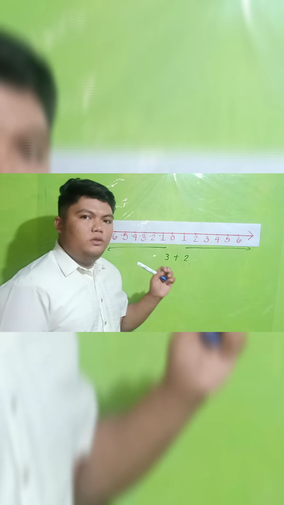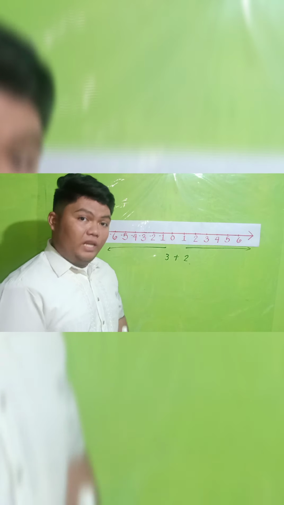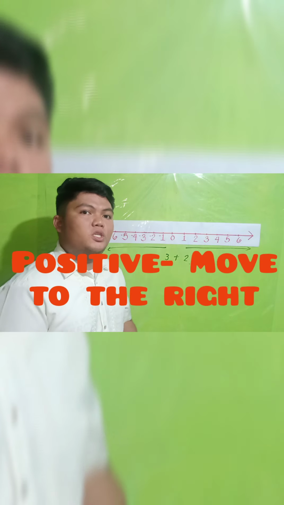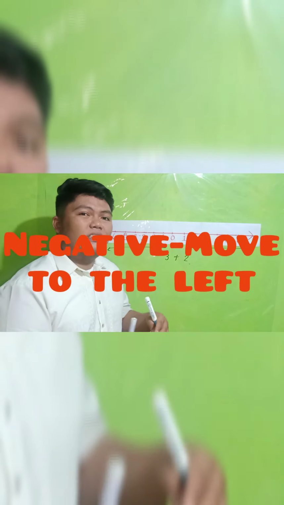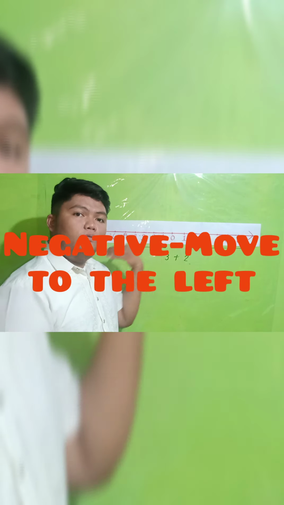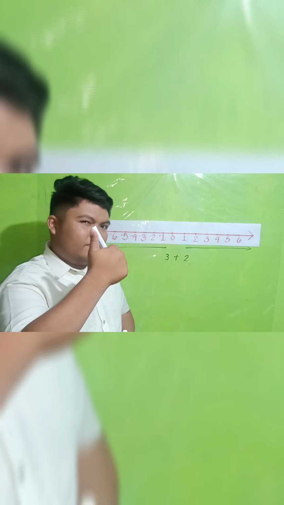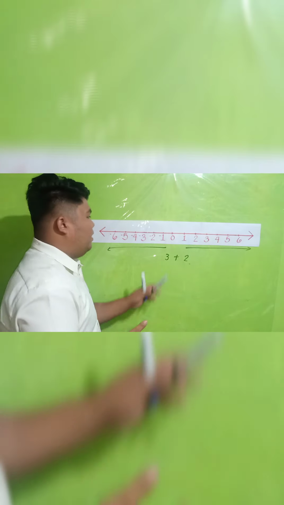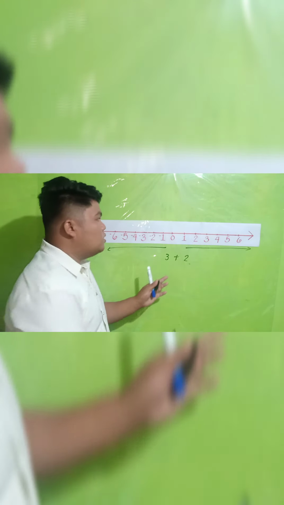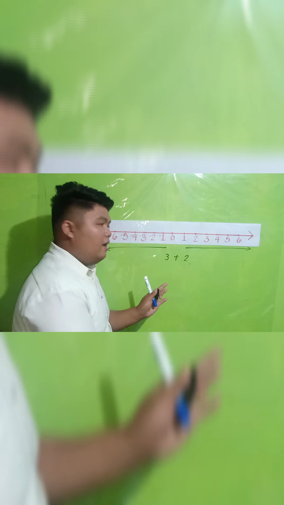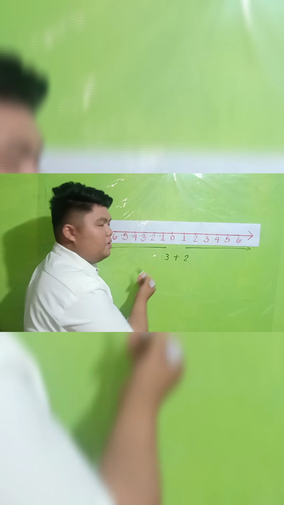Okay, so to use a number line, simply, if we have a positive integer, you have to move to the right. If we have a negative integer, you have to move to the left. Okay? So let's try with positive 3. So this is positive, so we have to move 3 places to the right, starting with 0.